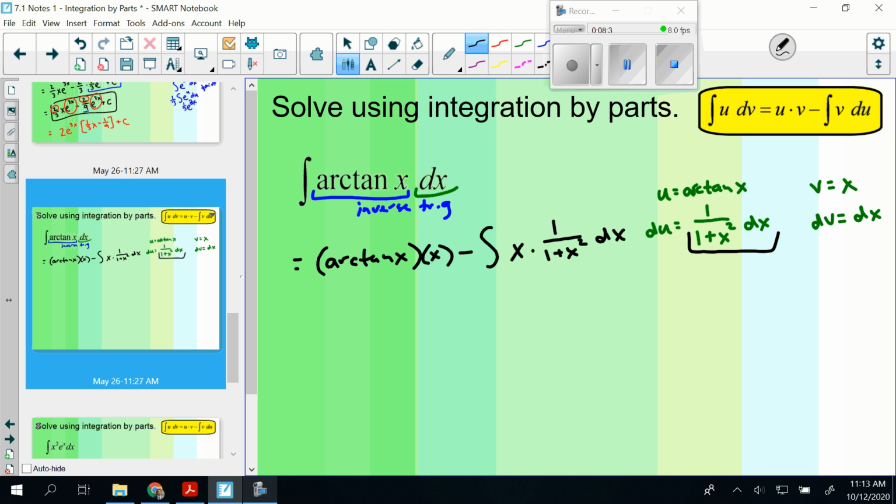Okay, so on the first part of this, you can't really combine those. We can't put these two x's together as x squared because it's the tangent of that. So most of the time you just see that written as x times inverse tangent or arctangent of x.